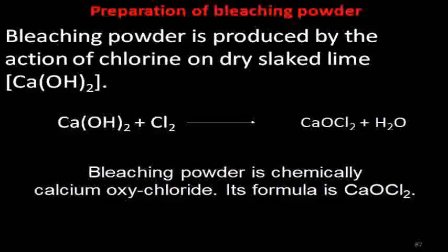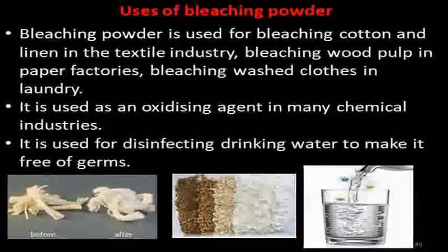So when chlorine gas is passed through calcium hydroxide, calcium oxychloride is produced. This is bleaching powder, and water is produced. And bleaching powder is chemically calcium oxychloride and its formula is CaOCl2.